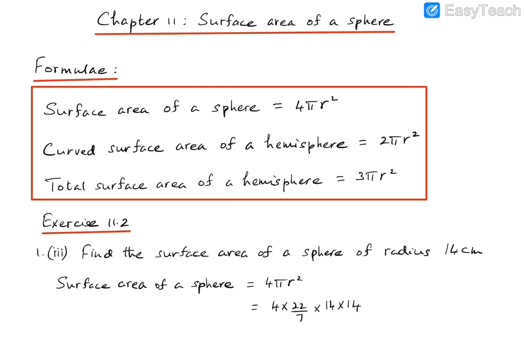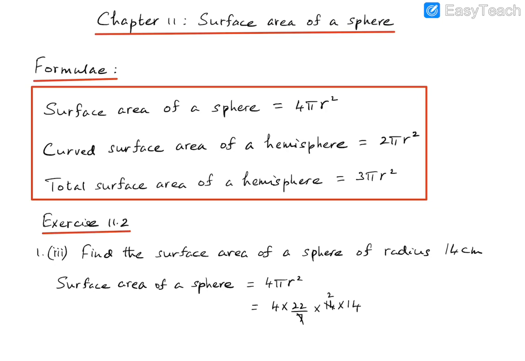So now we are going to apply the surface area of a sphere formula here, which is 4 pi r square. The value of r given is 14 centimeters. So we have 4 into pi, which is 22 by 7, into r square, which is 14 into 14, and we can cancel out one of the 14s because 14 can be divided by 7, so 7 will go there 2 times.